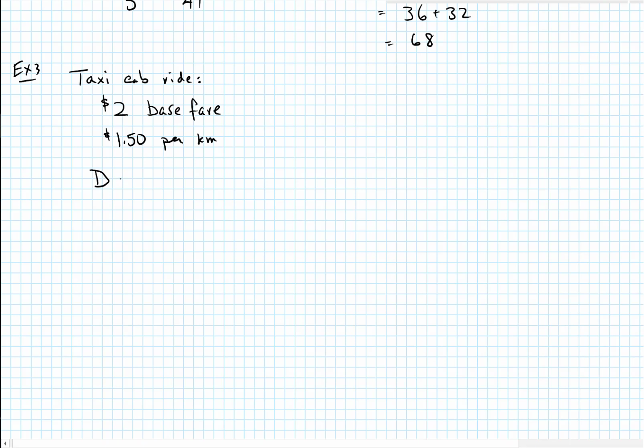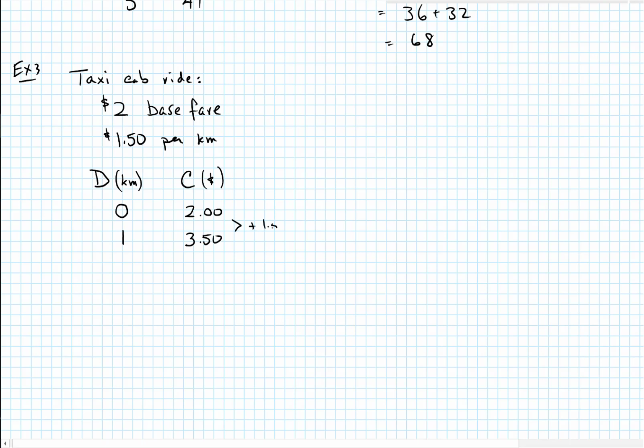So the distance, D, is in kilometers, and the cost, C, is in dollars. So for a 0 kilometer ride, even though obviously we would never take a 0 kilometer ride, we're actually still paying $2.